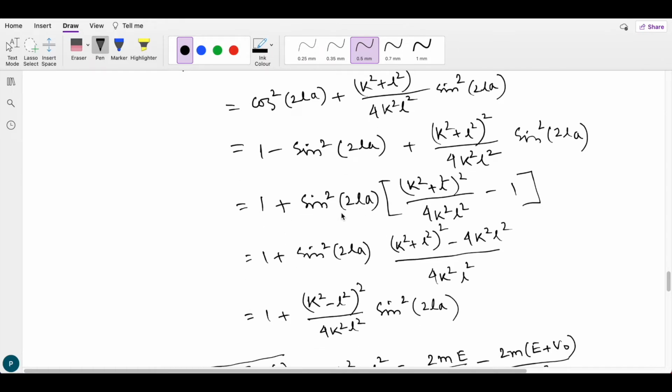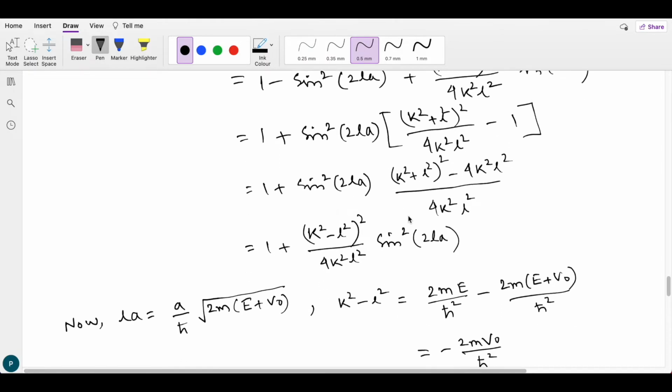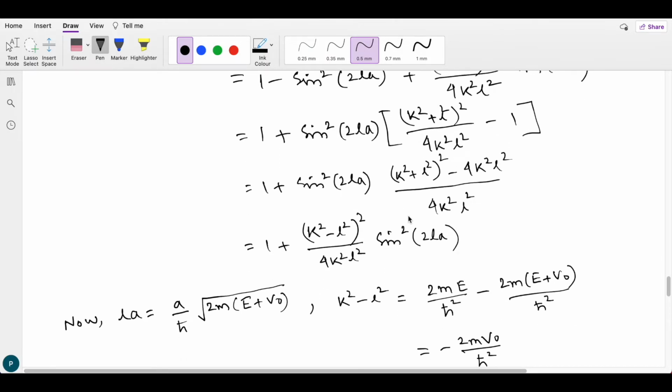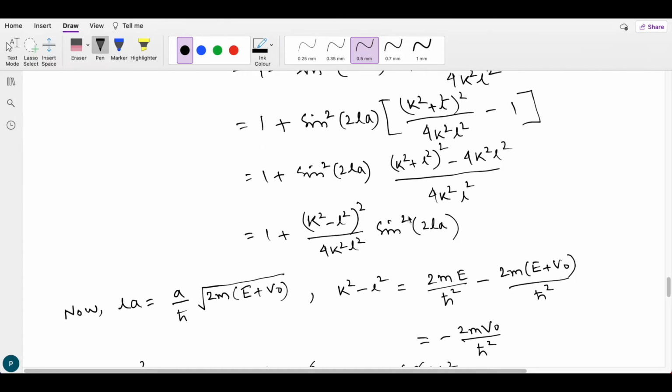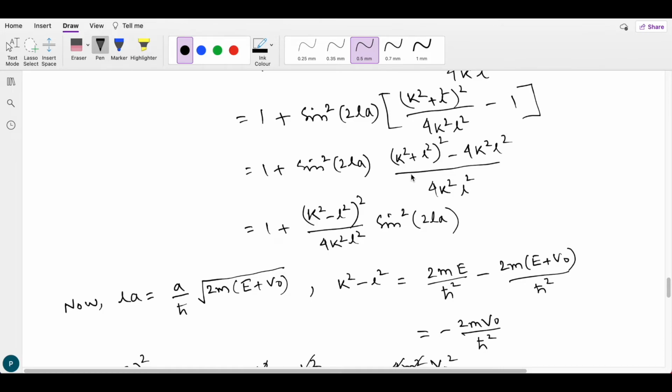And now I am taking sin square common from the last two parts of the equation, and we get (k square plus l square) whole square by 4k square l square minus 1. So from here, if we take LCM as 4k square l square and subtract, we get (k square plus l square) whole square minus 4k square l square.